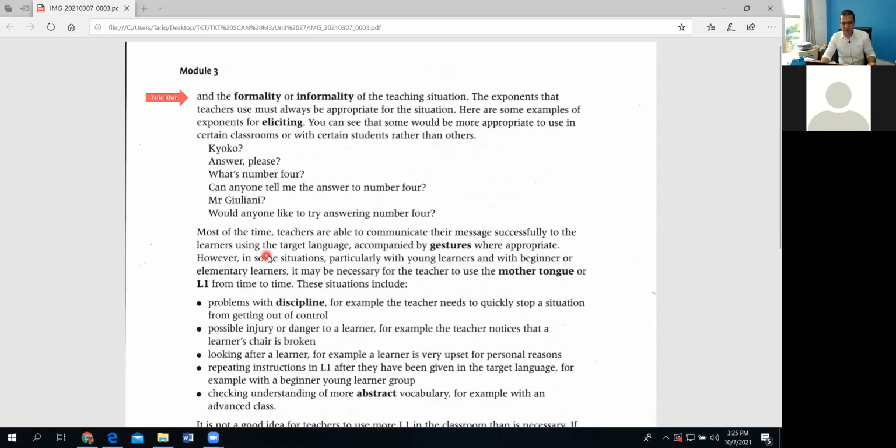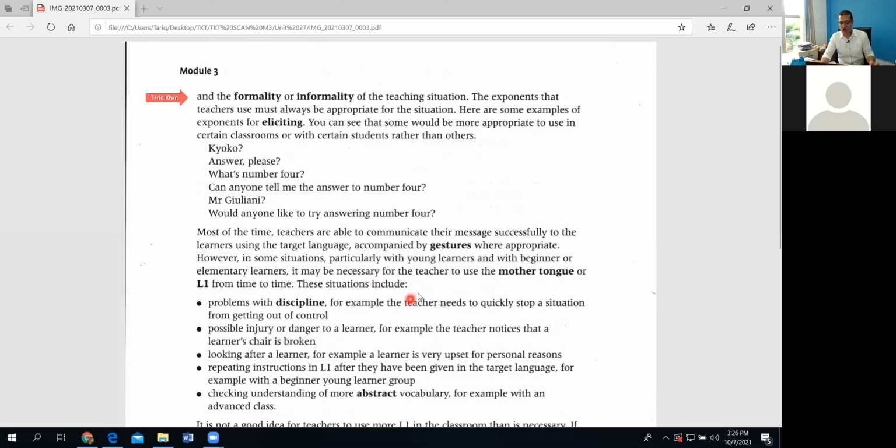Most of the time, teachers are able to communicate these messages successfully to the learners using the target language, accompanied by gestures where appropriate. However, in some situations, particularly with young learners, beginners or elementary learners, it may be necessary for the teacher to use the mother tongue or L1 from time to time.